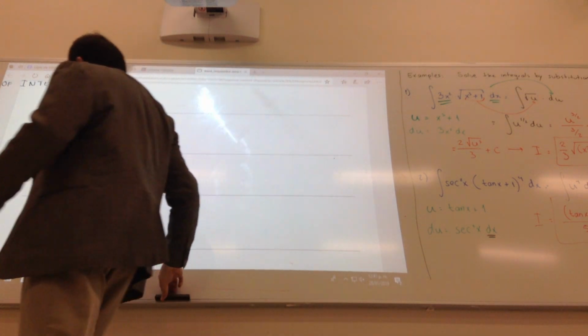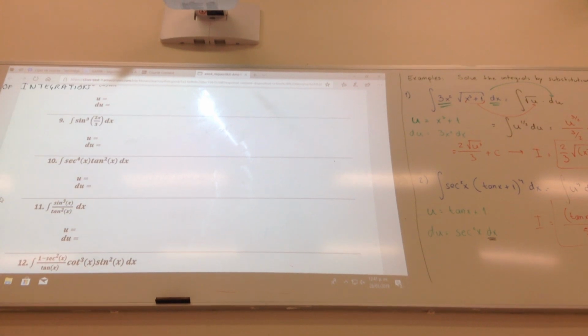Okay, number 9. Sine to the cube of 2x over 3 dx. Again, same situation as the previous one. I cannot apply u du directly. I need to separate first. How do I separate this?